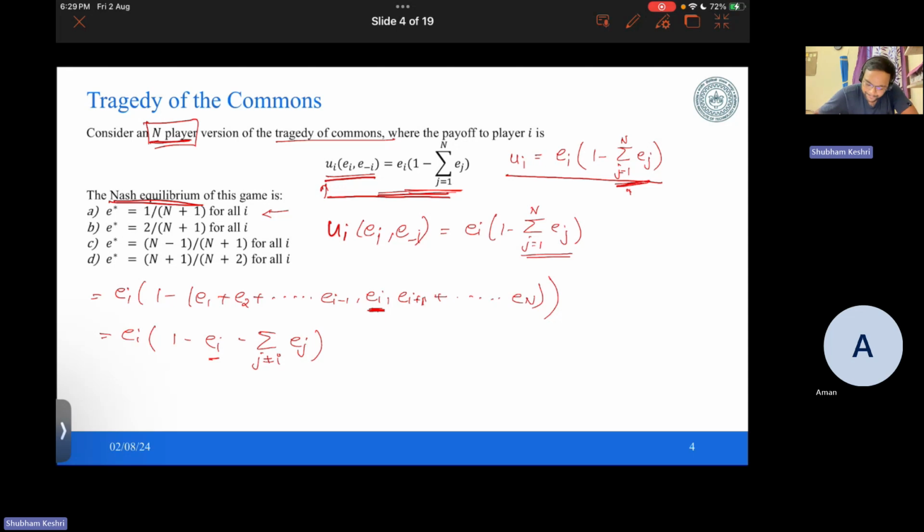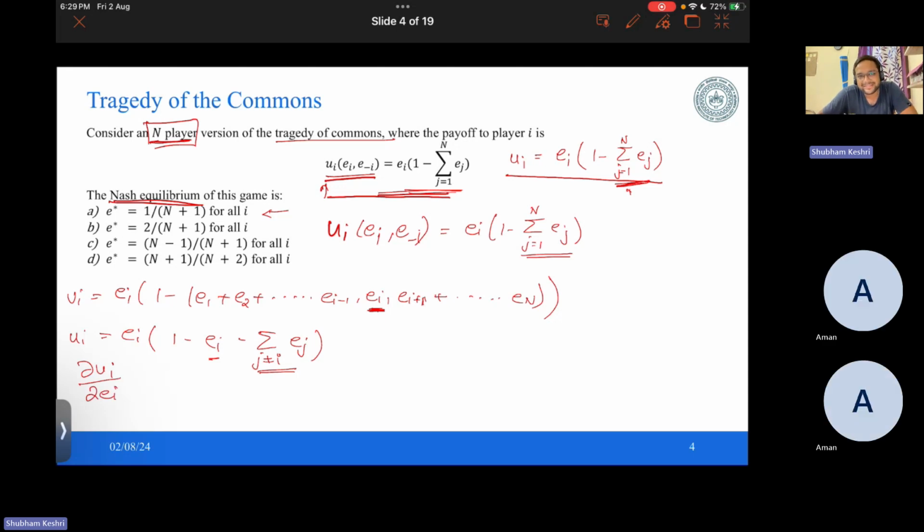So you don't want to add this because you are just taking that out. All right. Now you can just differentiate this because this sum doesn't have Ei. When this sum doesn't have Ei, when you are differentiating, it will become 0, right? Because it is independent of Ei. So Ui is this, and I just differentiate this Ui by del Ei. So why am I writing del and not d?